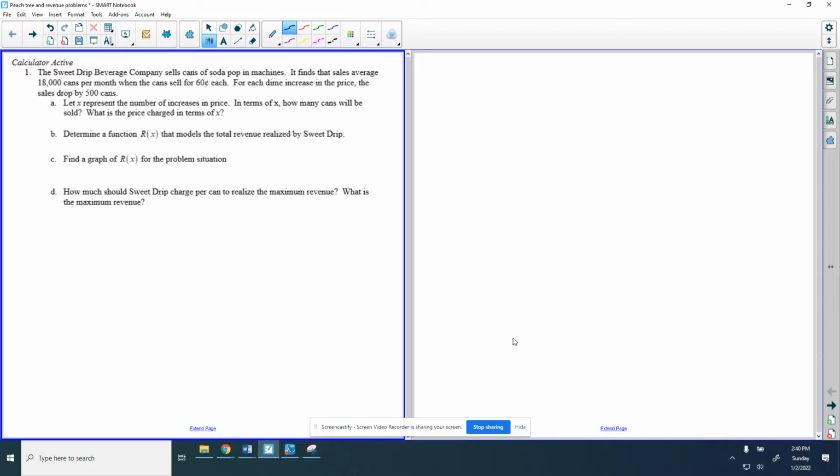In terms of the number of increases in price, how many cans will be sold? Well, there were 18,000, but notice that every time I make an increase in price, I'm going to drop 500 per that increase. This is how many are sold.